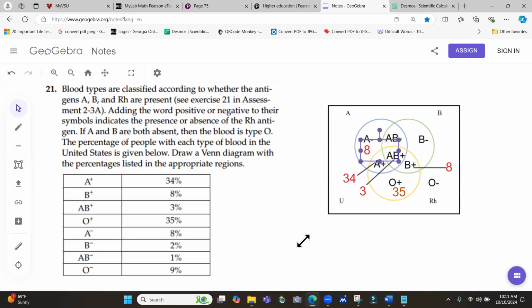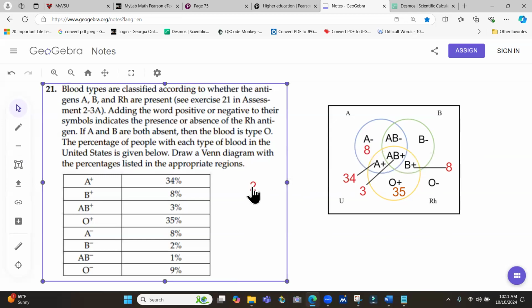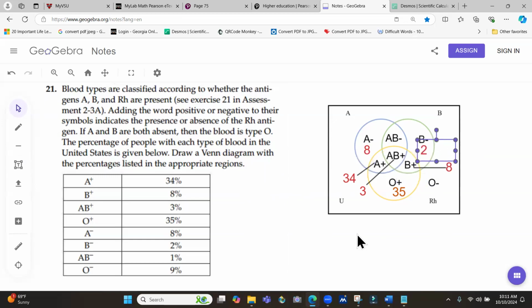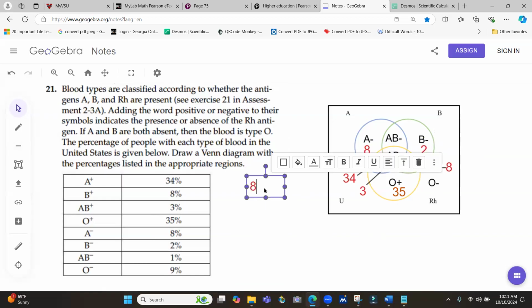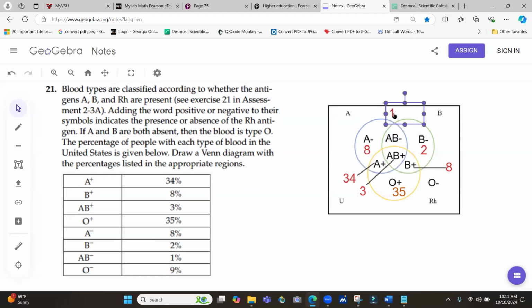A minus I can put here. B minus is 2. I can put B minus here. AB minus is 1. I think I will need a little arrow. O minus is 9. O minus goes outside.